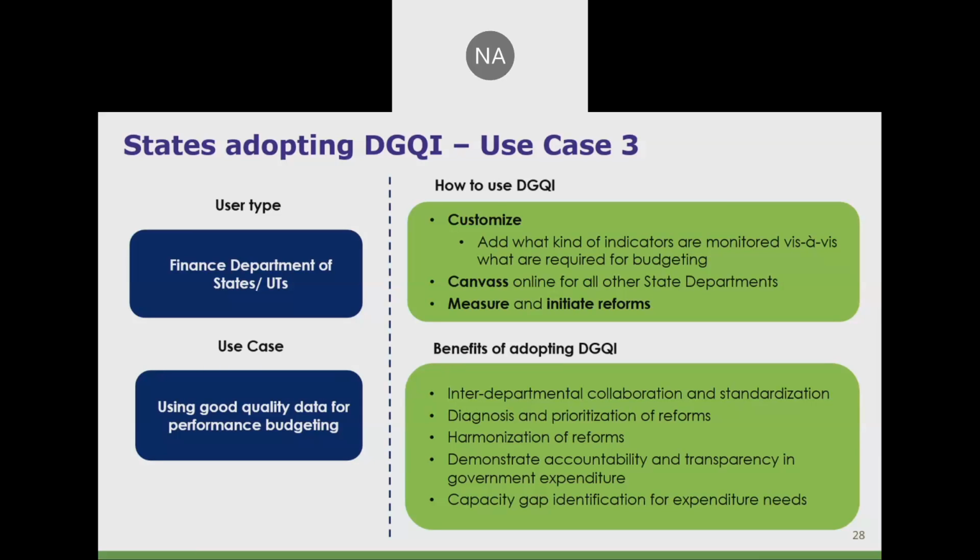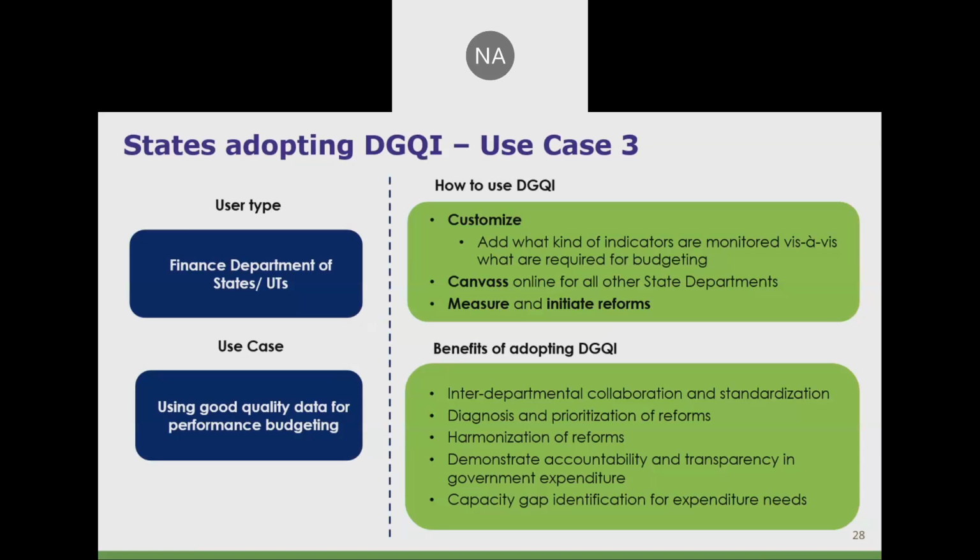So the finance departments can customize the DGQI to add questions on the kind of indicators being tracked by the MIS systems, or say fund allocation between the different districts and timely release of funds through the finance departments to different districts.